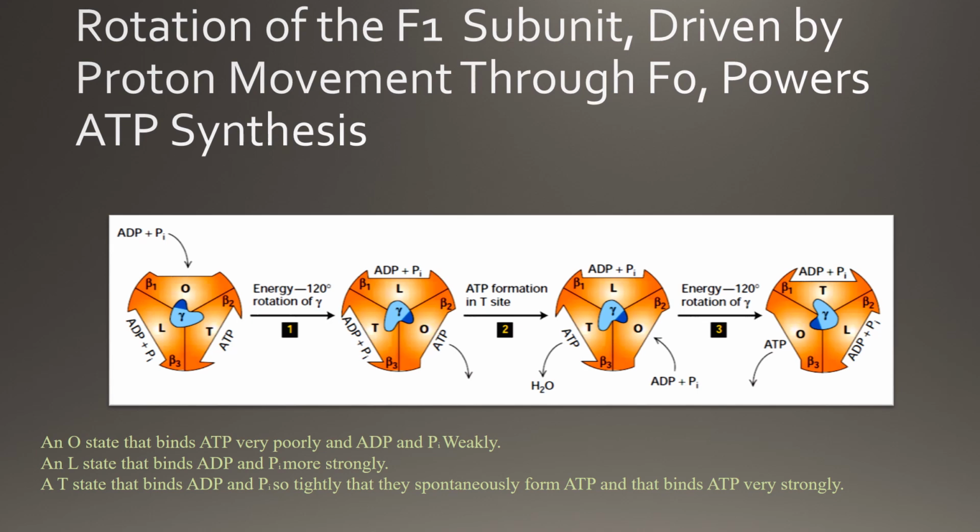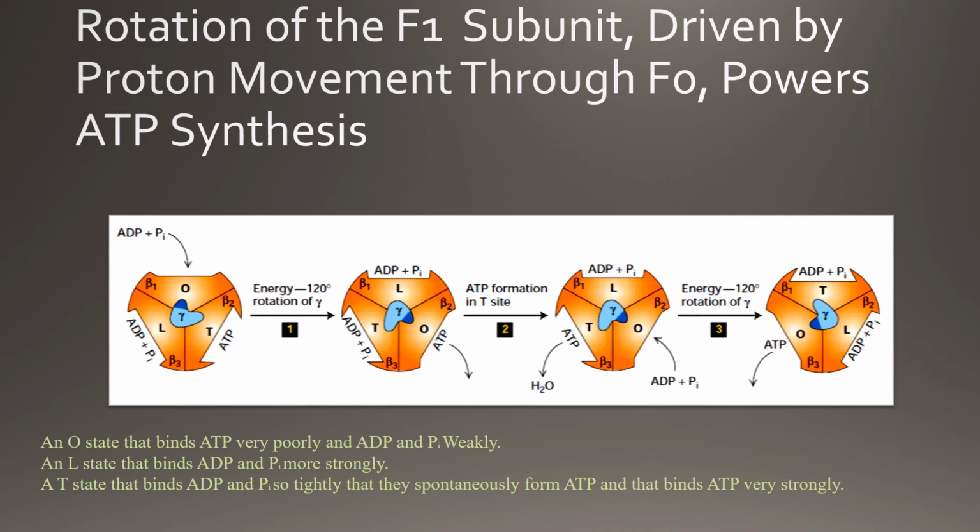So in step 1, after ADP and Pi bind to one of the three beta subunits whose nucleotide binding site is in the open conformation, proton flux powers a 120-degree rotation of the gamma subunit.